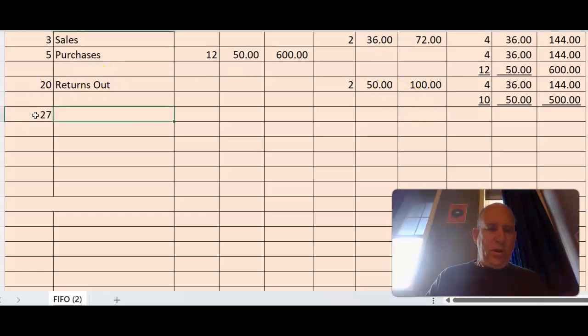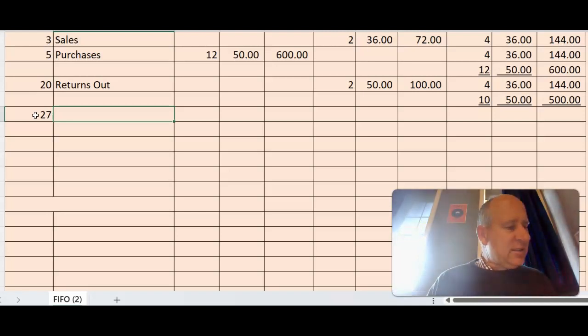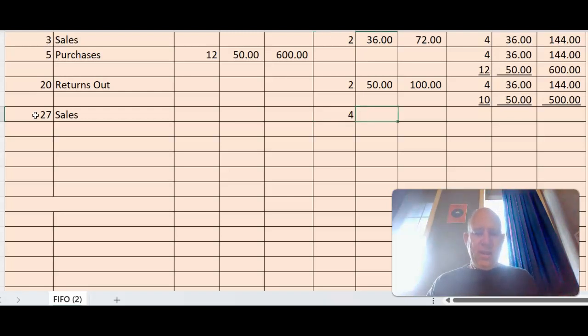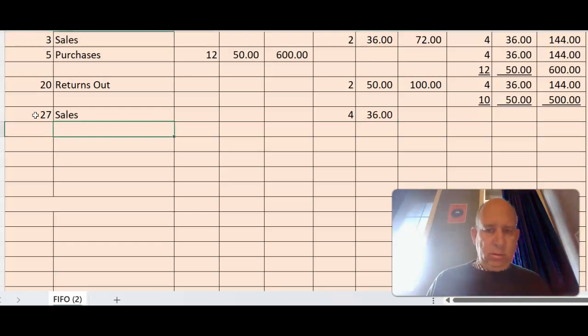On the 27th we got a bulk order received for them, sold. Because it's sold, we're going to write sales. There was a bulk order of 14, so 4 of them will be at that 36 price. How many did we sell in the bulk order? 14.